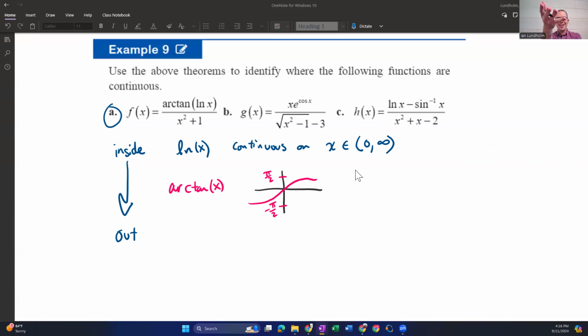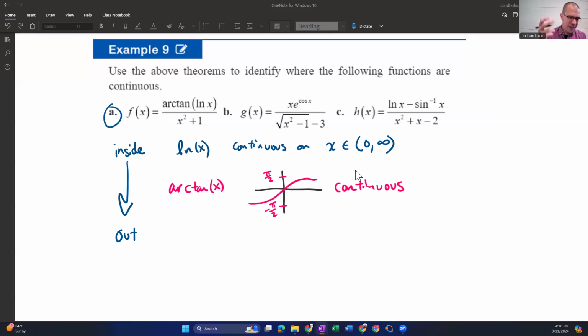Either way, it's a nice, well-behaved function that's defined for all numbers that we're putting into it. So this one's continuous too. We could say that it is the inverse of a nice continuous tangent function, at least on the domain from negative pi halves to pi halves for the tangent function.